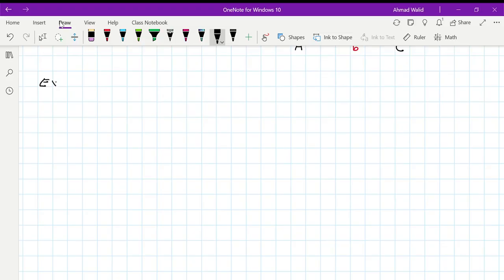Example number 1. Solve right triangle ABC, the name of the triangle is given for you. It's ABC, capital letters.